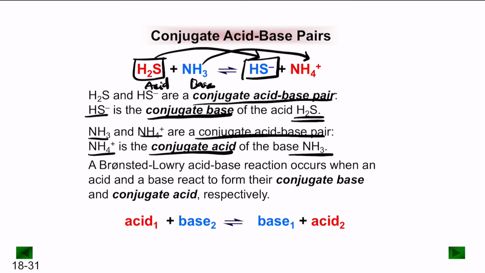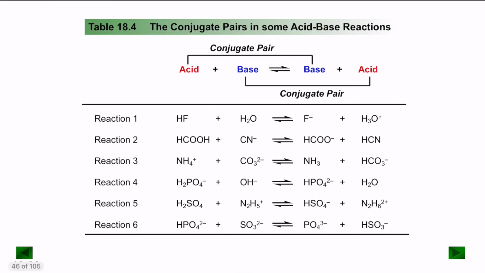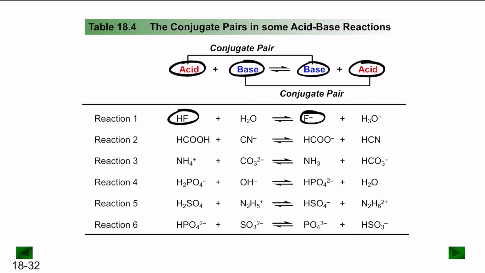So the Bronsted-Lowry acid-base definition occurs when an acid and a base react to form their conjugate base and conjugate acid respectively. So this is the idea behind the Bronsted-Lowry definition of a conjugate acid-base pair. So the acid creates a base and a base creates the acid. So here HF is the acid, the conjugate base is F minus, H2O is the base, H3O plus is the conjugate acid.